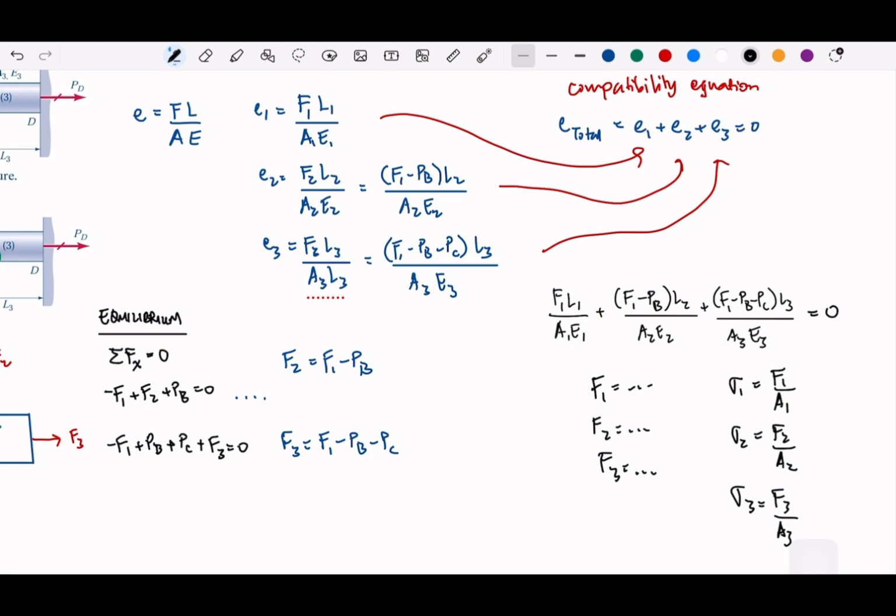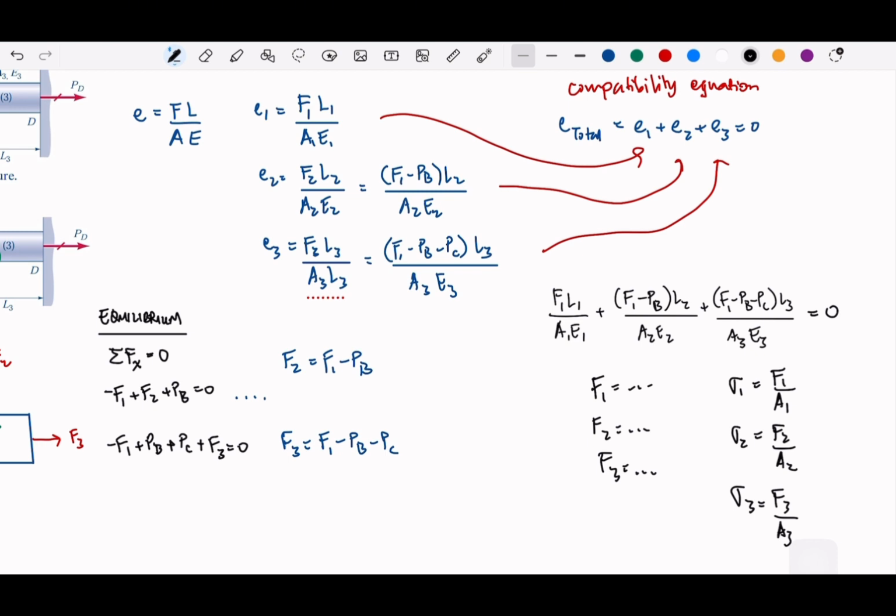Okay. But either the displacement method or the force method, they both work when we have the system of equations and we have the compatibility equation. So basically this is just a normal substitution as long as you know how to define the equilibrium. Okay. So if you can define the equilibrium, you can define the compatibility equations, you can substitute.